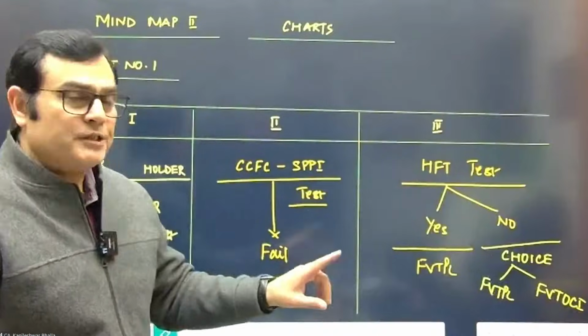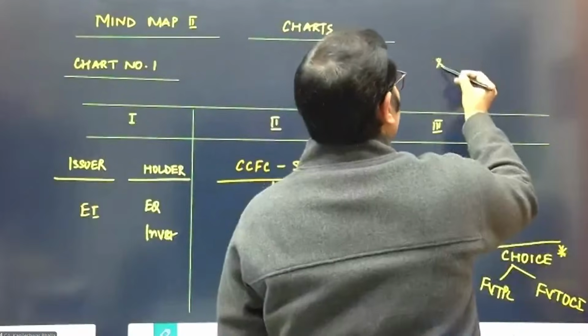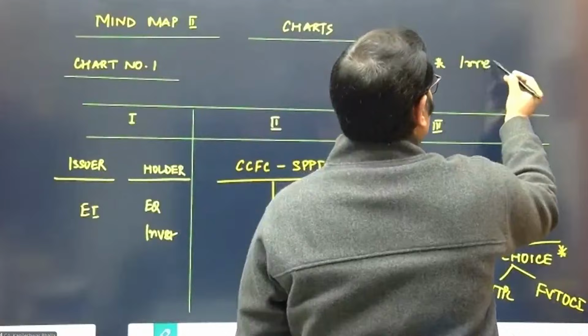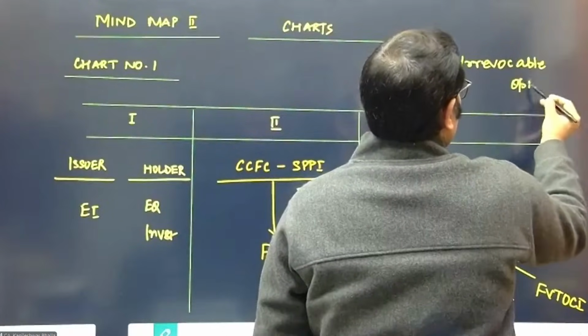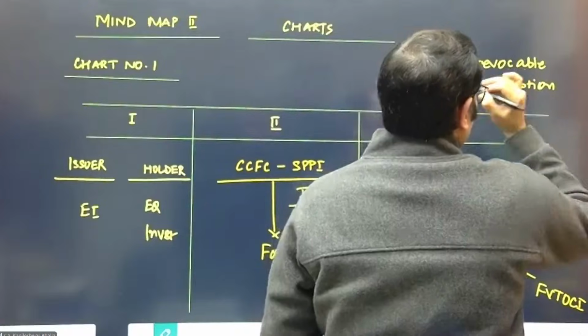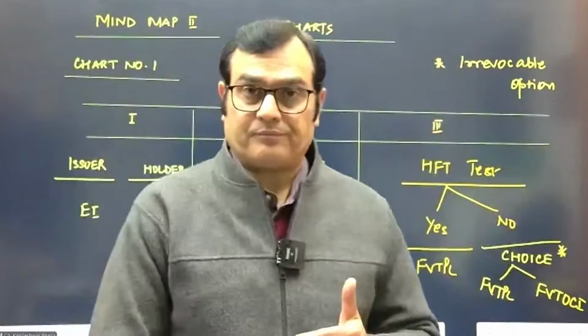And in this particular case, what is important to remember is that this choice is supposed to be an irrevocable option. This is supposed to be an irrevocable option. Once you choose a particular category, you cannot take a U-turn.